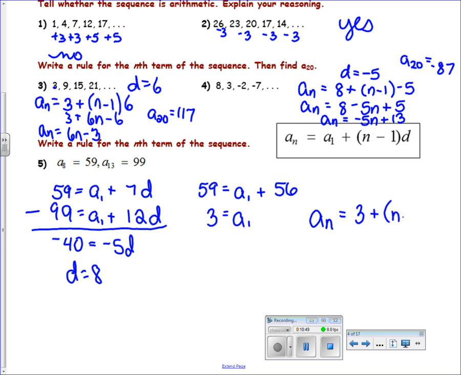And then I keep the n minus 1 now. And then what was my d value? Which was 8. You could leave it like that, or you could clean it up a little bit, which would probably be nice. So this would just be 8n minus 5. And so that would be my rule.